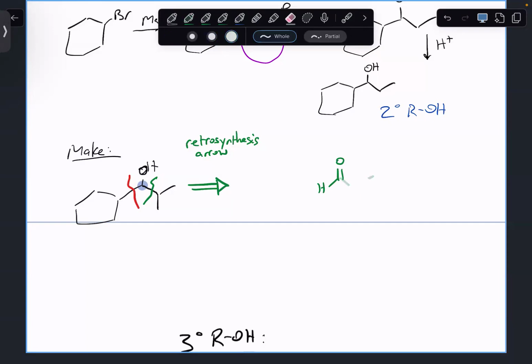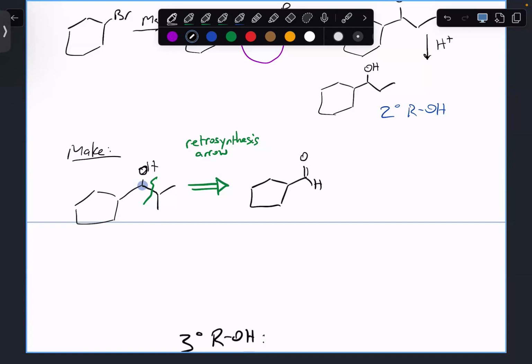That's not right. I'm going to just do this one at a time. If I do that green disconnection, the carbonyl used to be the carbonyl, so that would be the carbonyl piece. There's only two pieces to a Grignard reaction. There's the carbonyl piece and there's the alkyl halide piece.